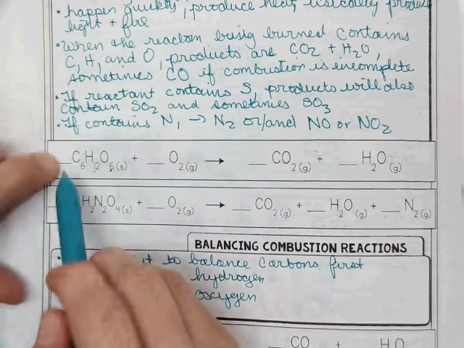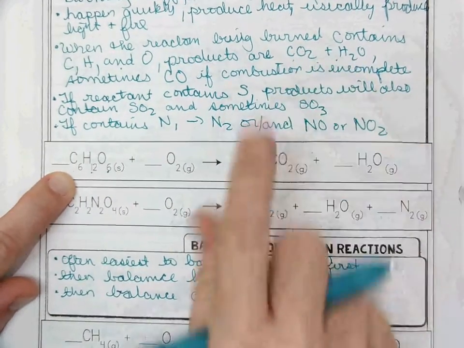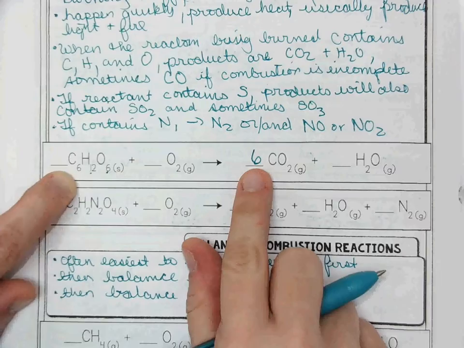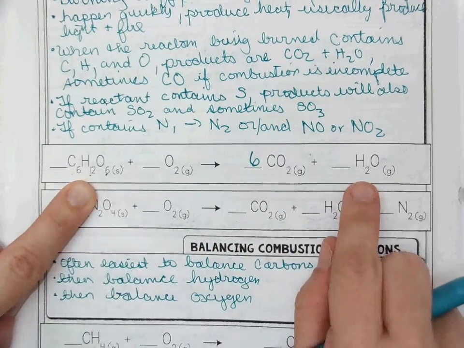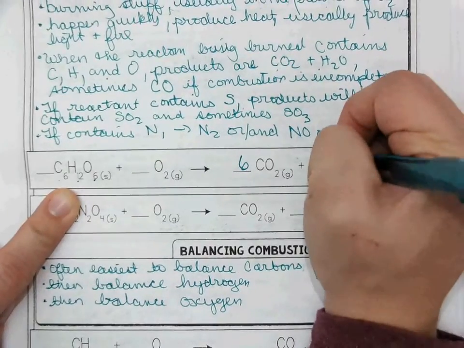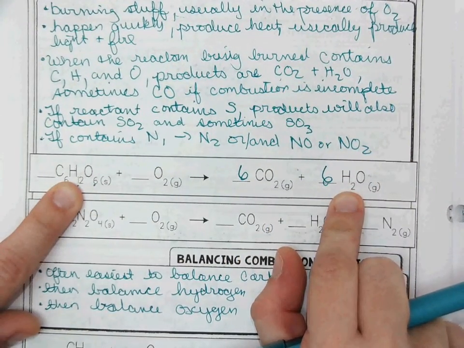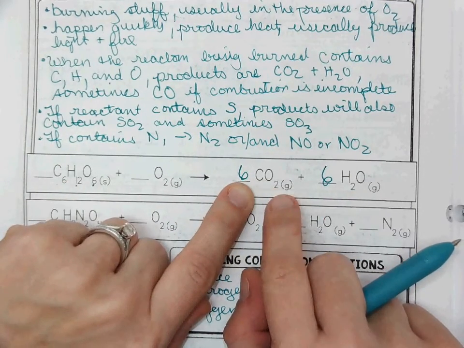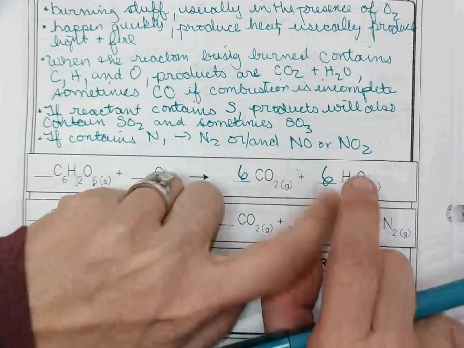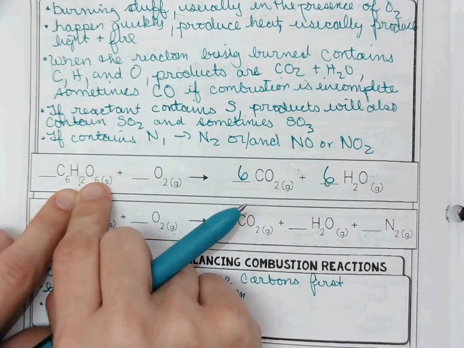C6H12O6 plus O2. So it says balance carbons first. So I have 6 carbons here. So I'm going to put a 6 here. Now my carbons are balanced. I have 12 hydrogens here. I have 2 over here, so I'm going to put a 6 in front because 6 times 2 is 12. All right? Now I'm going to count how many oxygens. I have 12 oxygens here, plus 6. I have 18 here.